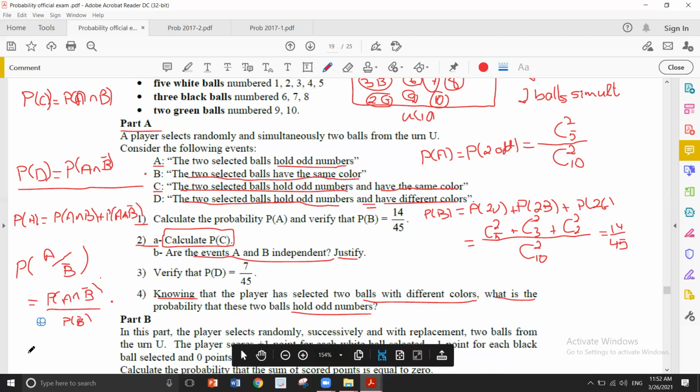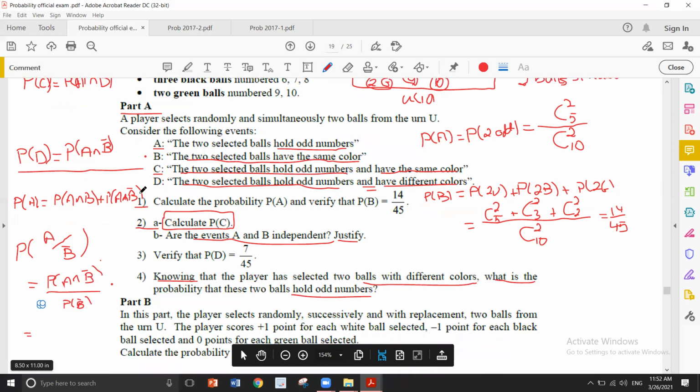What is A intersection B bar? It is P(D).